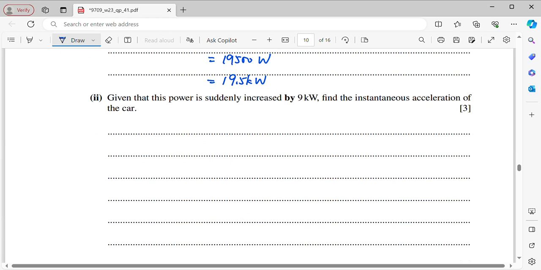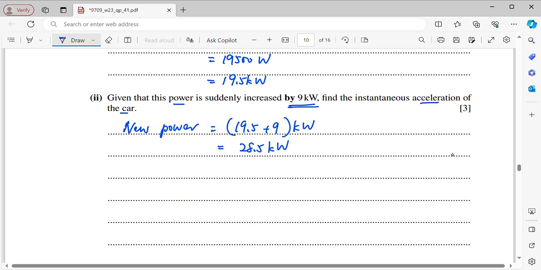Now part 2. Given that this power is suddenly increased by 9 kilowatt, find the instantaneous acceleration of the car. So now your new power equals 19.5 plus 9 kilowatt, so it becomes 28.5 kilowatt.